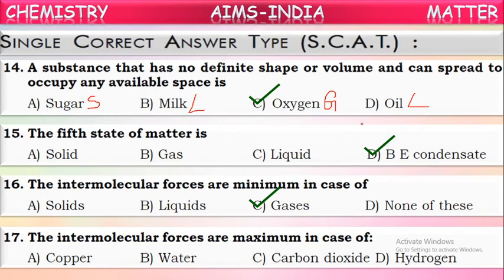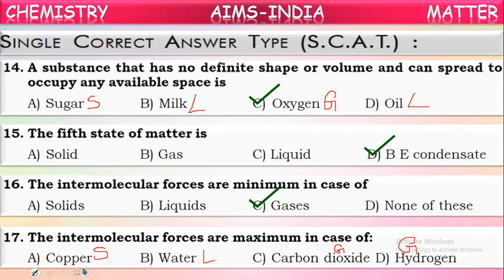high in solids. Observe once in the given options which represents a solid. In that, intermolecular forces will be high. The first one, copper. What kind of substance is that? Is it a gas or liquid or solid? Copper is a solid metallic substance. In this, intermolecular attractions or intermolecular forces are very high, whereas water is a liquid, carbon dioxide is a gas, hydrogen is also a gas.